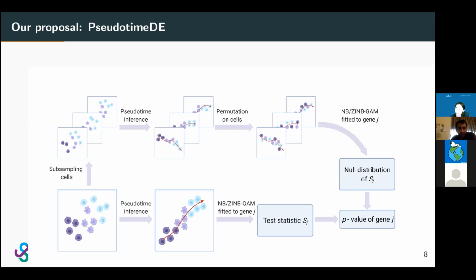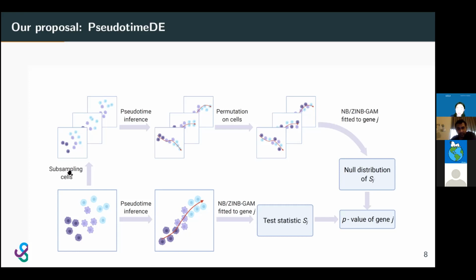What's the reason for doing permutation on the subsample data rather than the original data? Because if we do it on the original data, we are essentially treating the pseudotime inferred for those n cells as fixed. No matter how you permute, you're still permuting the n pseudotime values you calculated. So you didn't capture the uncertainty in the pseudotime inference.